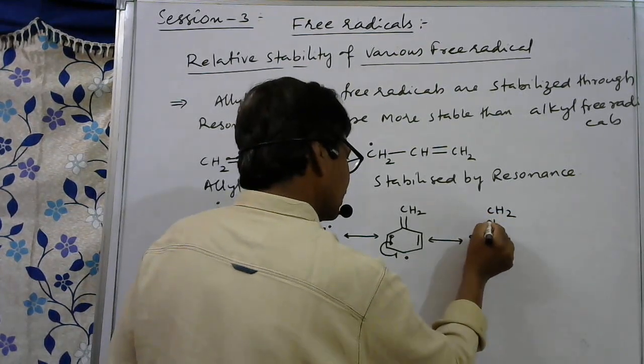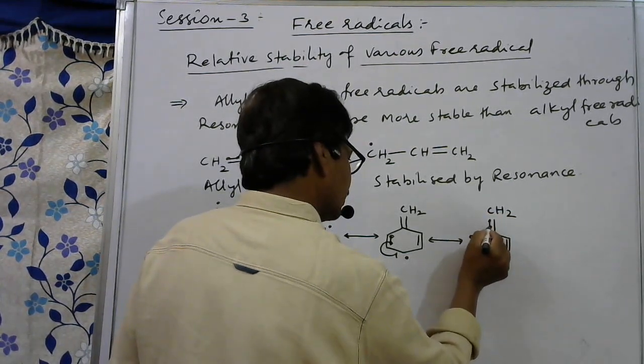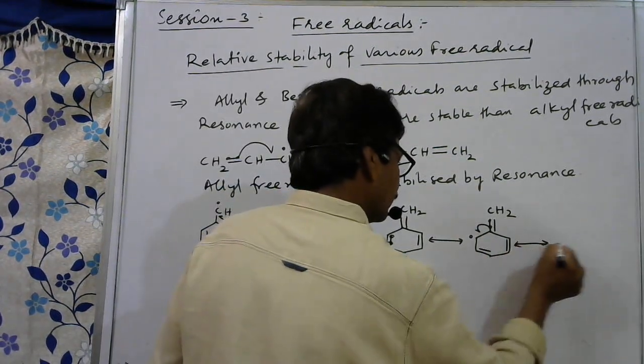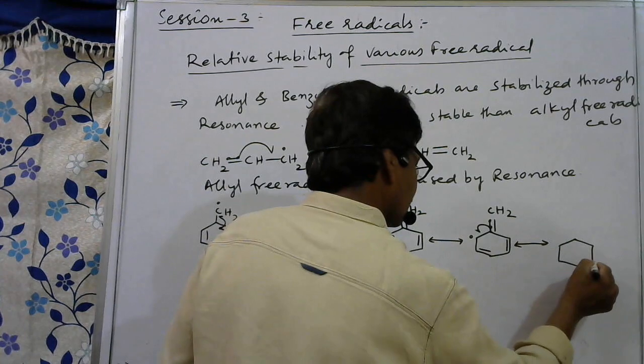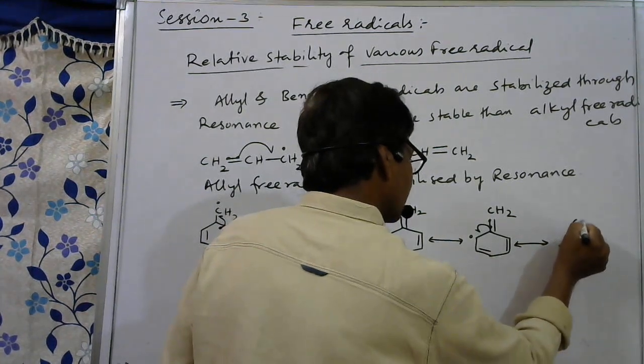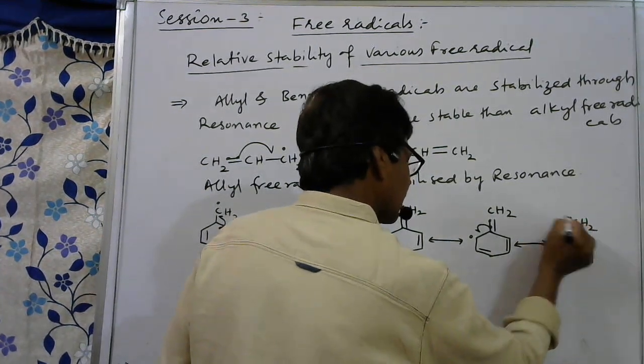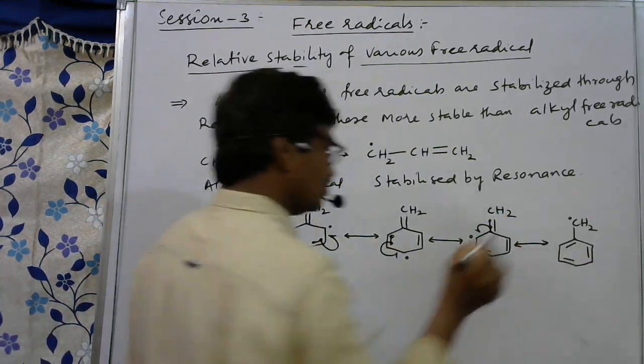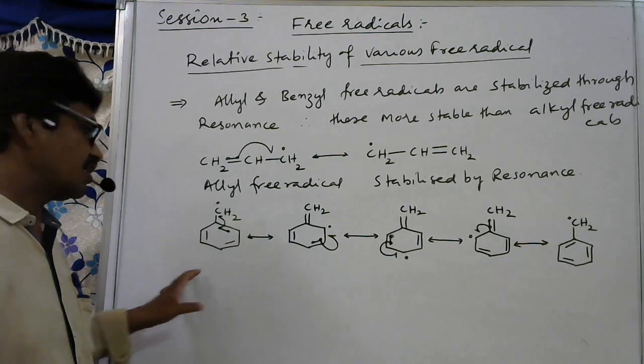Now again here 2 electrons are present, no? So this electron comes here. So we get the last resonance form like this. Again this carbon will take the free radical, here double bond, here double bond, here double bond. So this is a benzyl free radical.